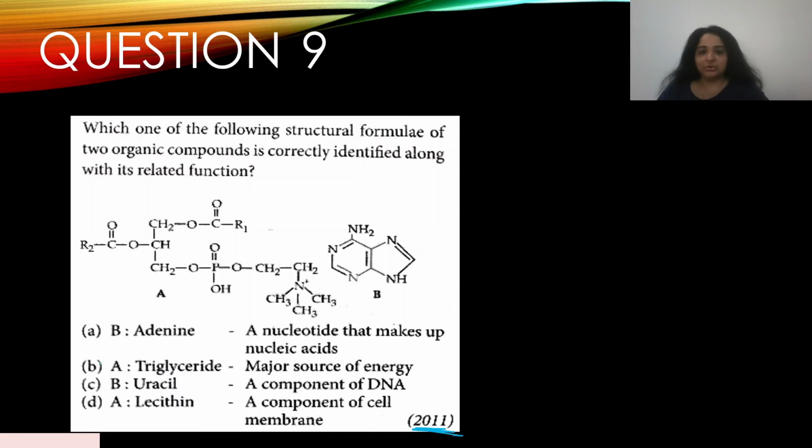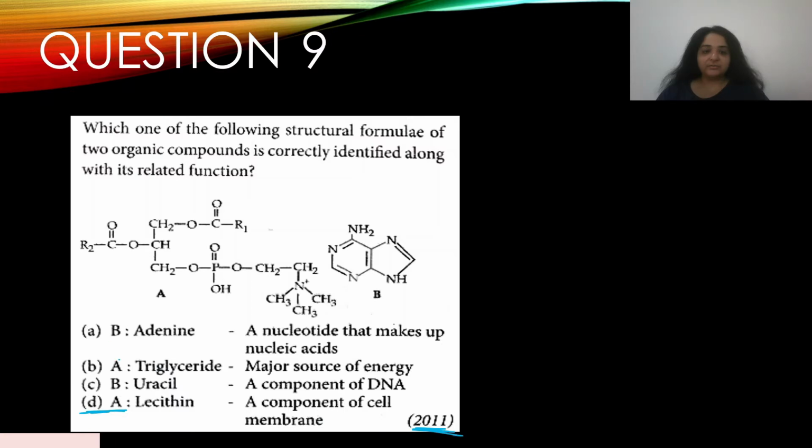No, it's not a nucleotide that makes up nucleic acid. B, A, triglyceride, major source of energy. Okay, B, uracil, a component of DNA. And A, lecithin, a component of cell membrane. Yes. So the correct option is D, A, lecithin, a component of cell membrane.